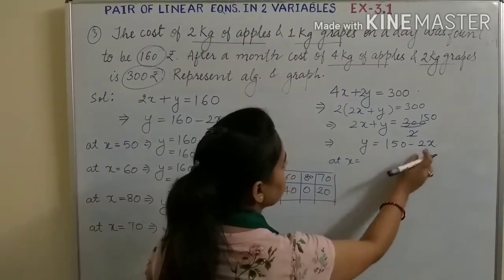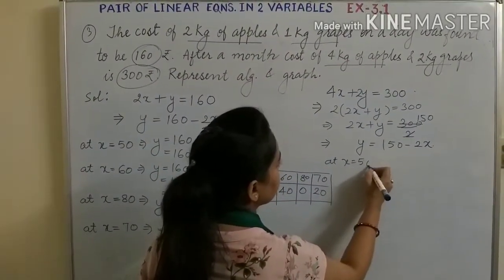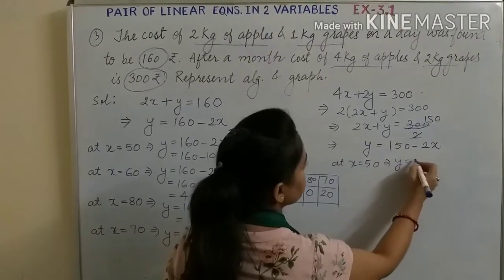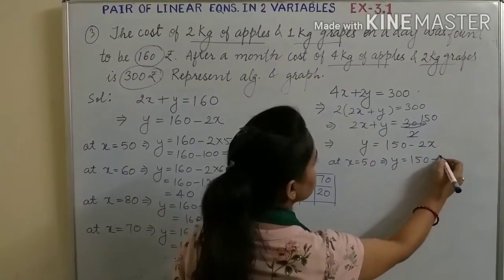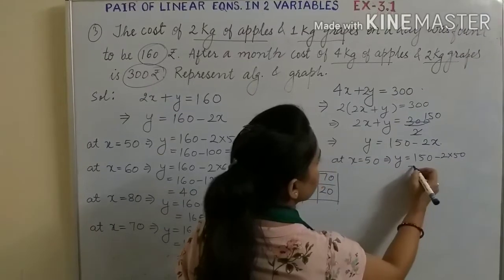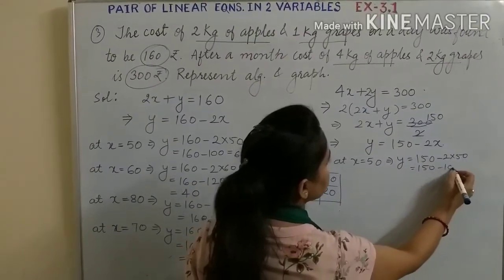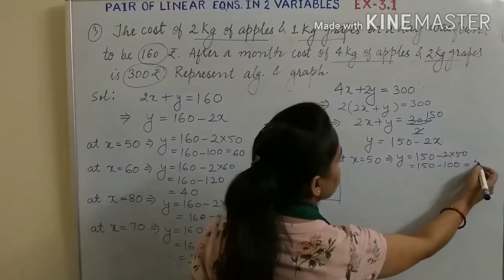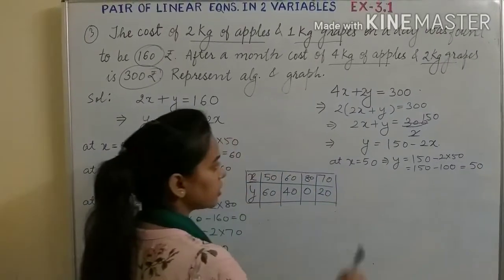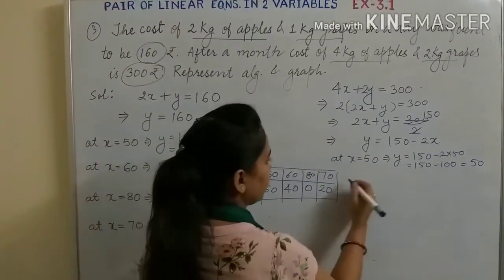Suppose first we have taken x equal to 50. This implies y is equal to 150 minus 2 into 50 equal to 150 minus 100, 50. You can see for x equal to 50, y is also 50.